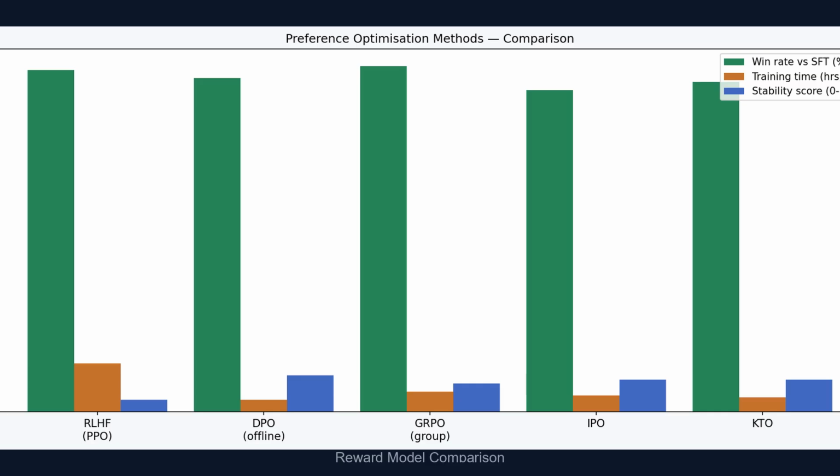GRPO, IPO, and KTO show lower win rates in this comparison, which reflects the fact that they are designed for more specialized scenarios. For your use case, aligning a fine-tuned model on your own preference data on your own hardware, DPO hits the best combination of quality, speed, and reliability on this chart.